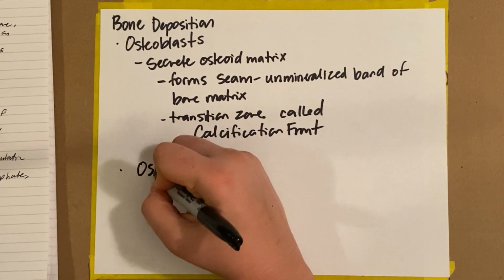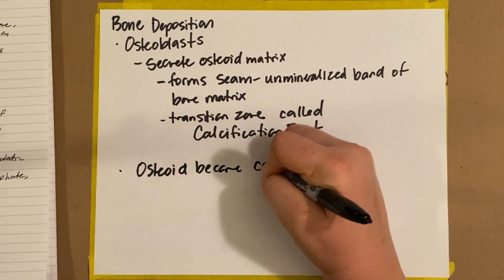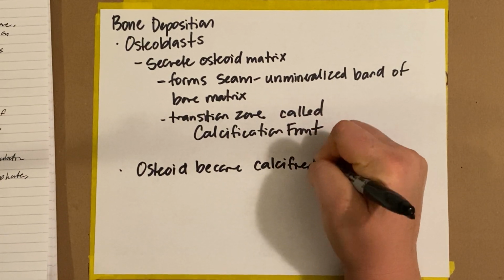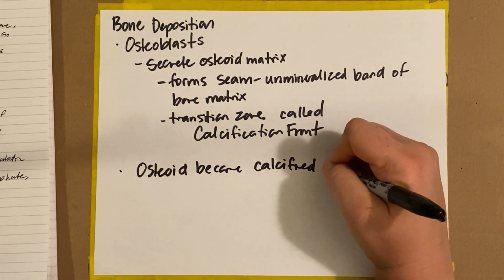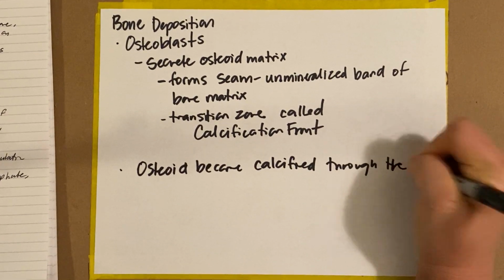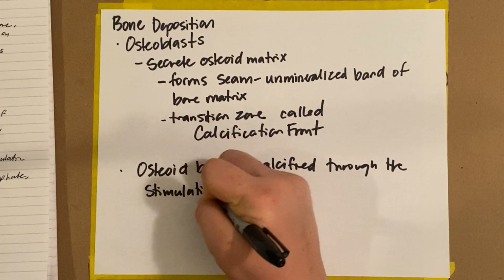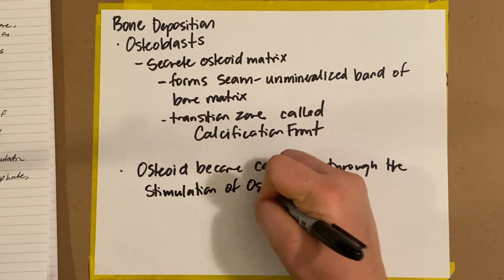Okay, so the osteoid becomes calcified through the stimulation of osteoblasts.